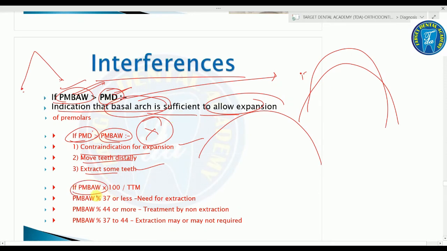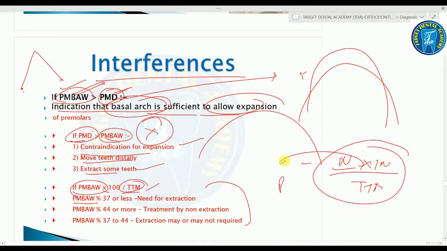Take the PMBAW into 100 divided by the total tooth material. Suppose the value of your PMBAW is n, then n into 100 divided by TTM. This value basically decides whether your case goes for extraction or non-extraction.